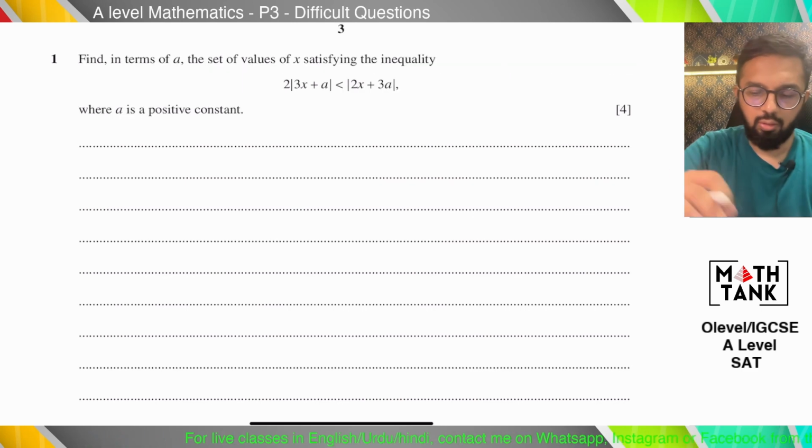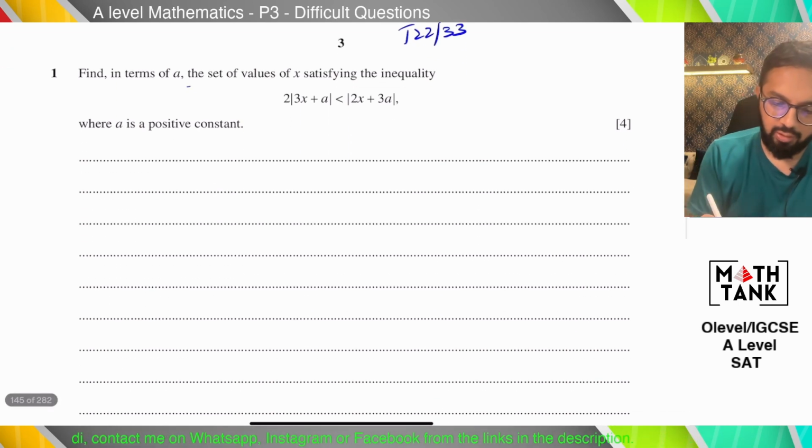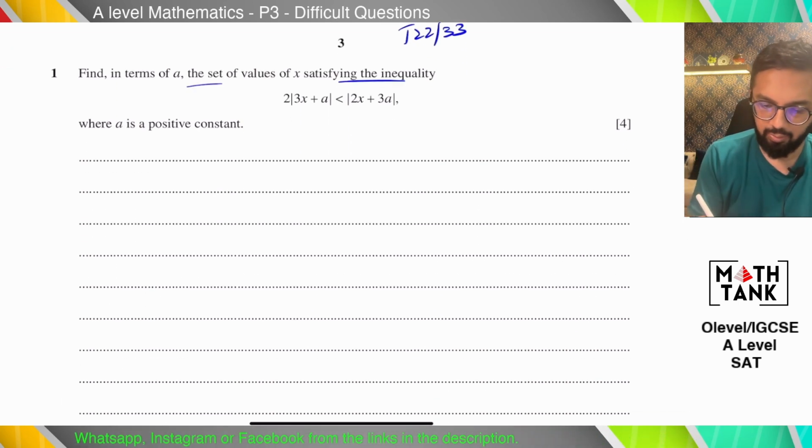Okay. The next question that I have is June 2233. Find in terms of a the set of values of x satisfying the inequality this. So I square both sides.